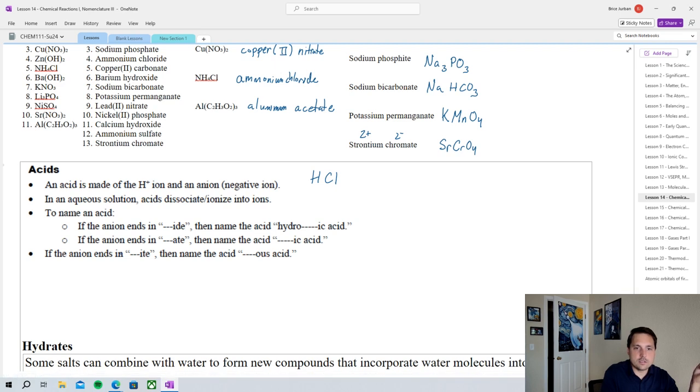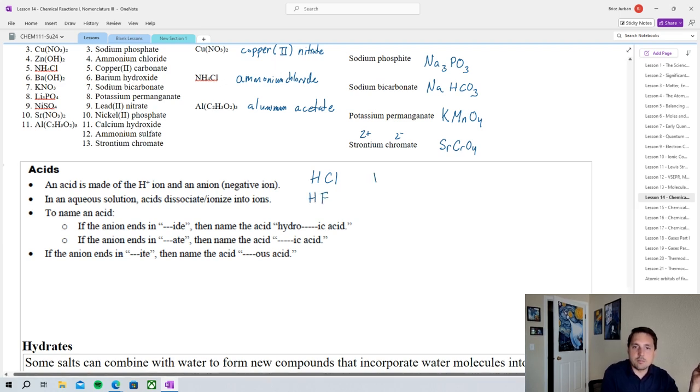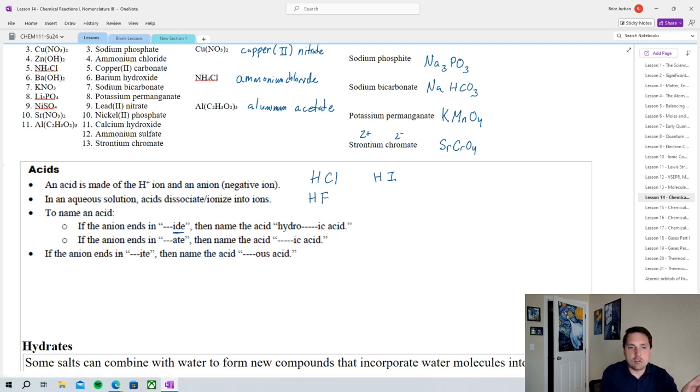hydrofluoric acid, or let's see, hydroiodic acid. All we're doing with these ones to name these is, the anion for these is Cl, which would be chloride.